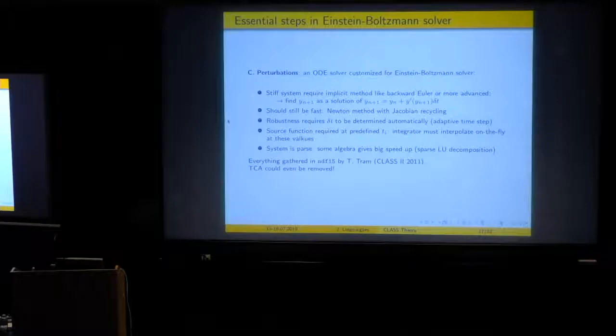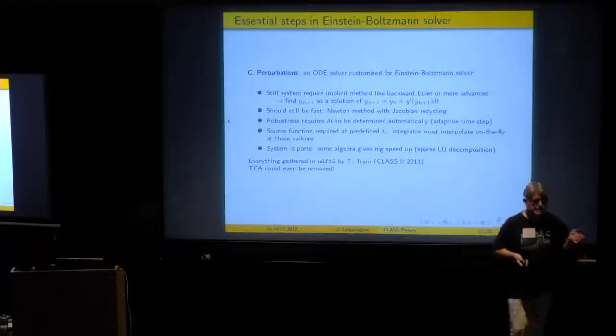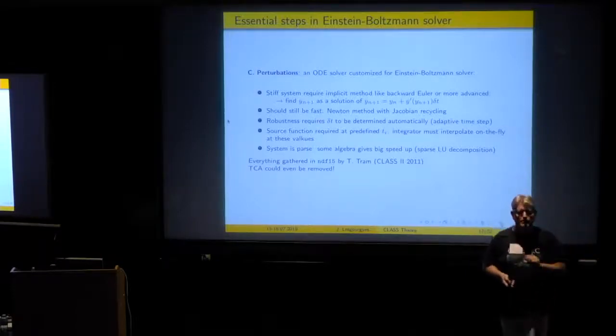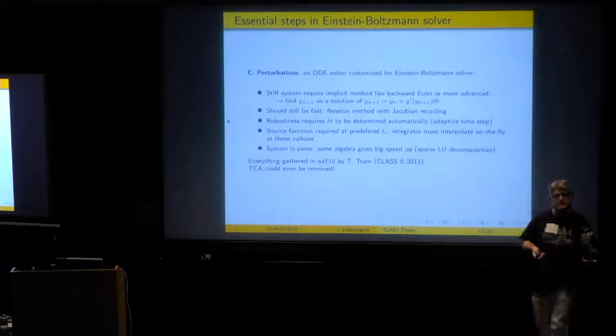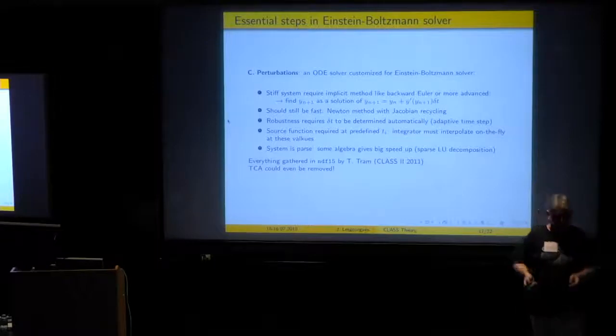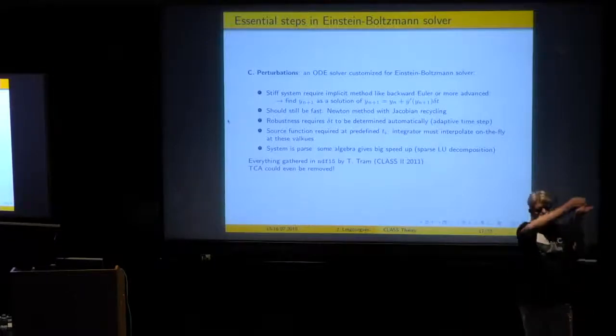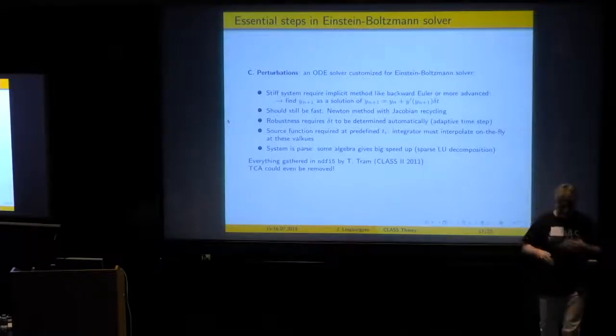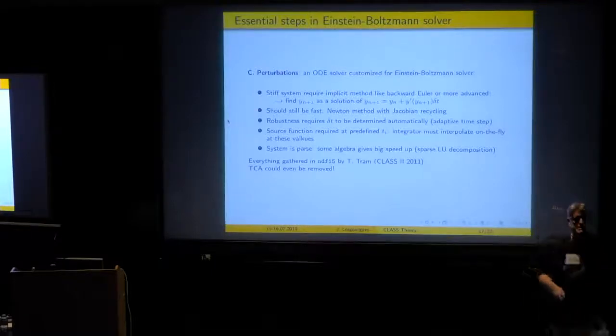It means that if you write your system of differential equations in matrix form, like y prime equal to a matrix times a vector y, there are lots of zeros. The Boltzmann equation tends to couple multipoles between nearest neighbors. So you will have non-zero coefficients close to the diagonal, and then lots of zeros. And this could slow the system a lot unless you do something clever with it, some algebra.